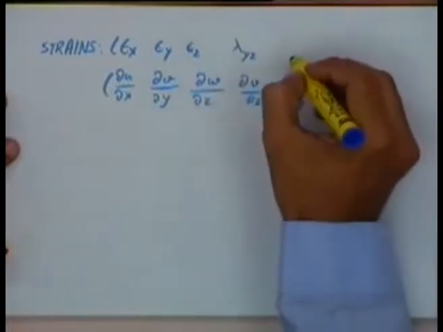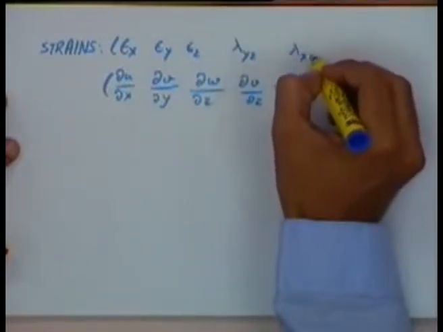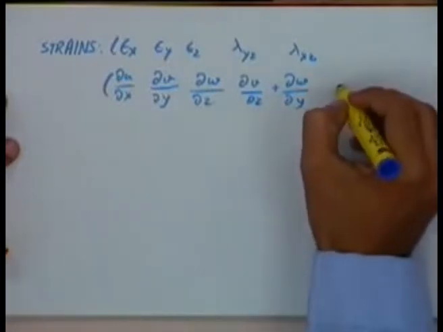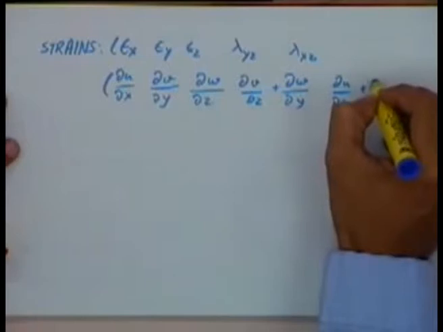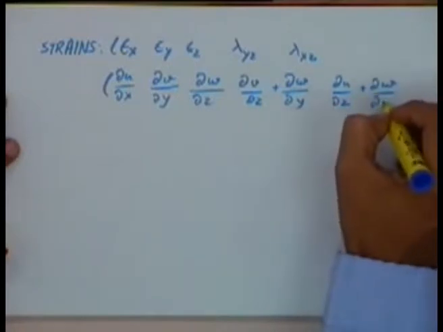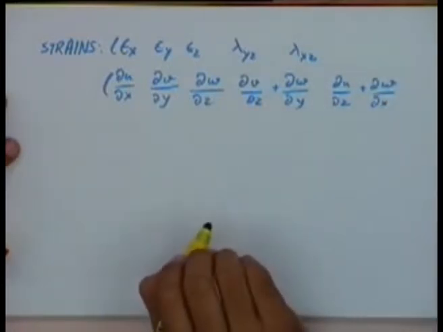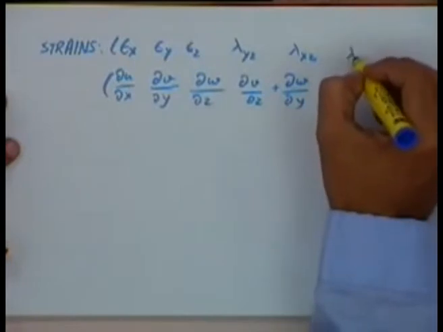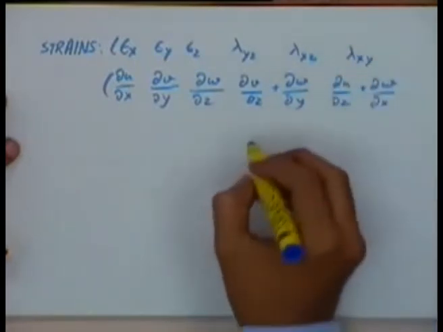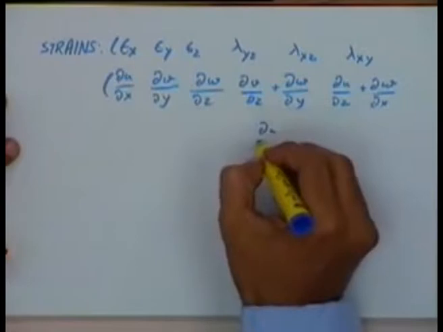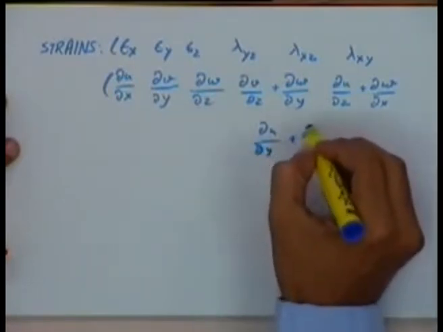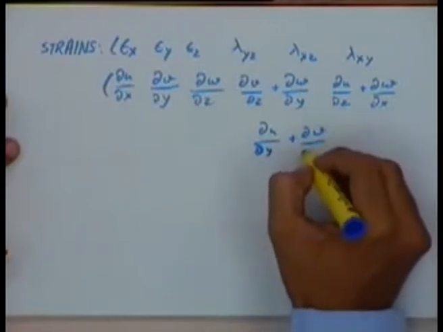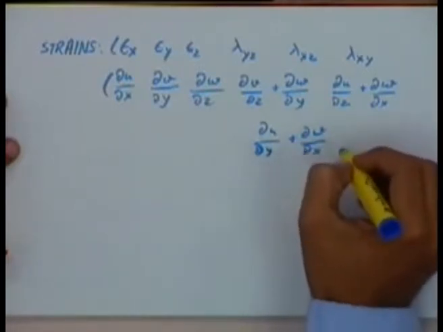The next term is lambda xz, that would be the same as del u by del z plus del w by del x. The last term, which is lambda xy, would be del u by del y plus del v by del x.